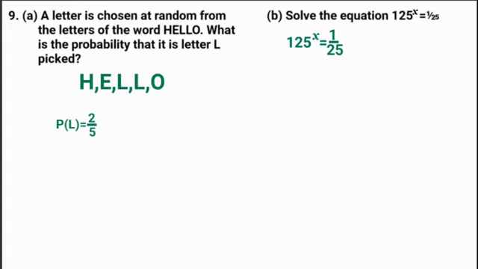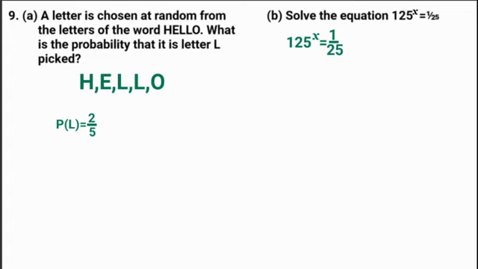For us to solve this one, the first step is to convert this fraction into a power, into exponential form. To do that, we're going to follow the laws of index.